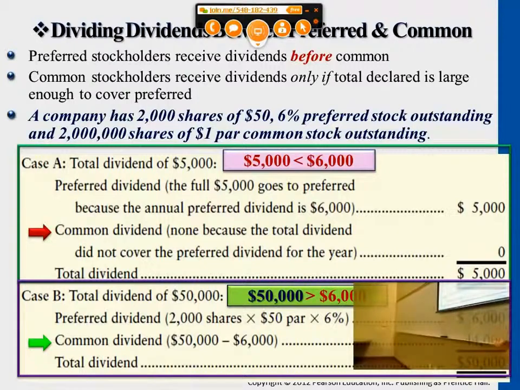So in the second case, assuming all the numbers are the same, again, 2,000 shares times 50 times the rate, preferred shareholders should be getting, again, $6,000. Now in this case, if the company is giving $50,000 in total, then $6,000 goes to preferred shareholders, and the remaining goes to common shareholders, $44,000. So in terms of calculating which part goes to which shareholders, we always consider preferred shareholders' rights first.